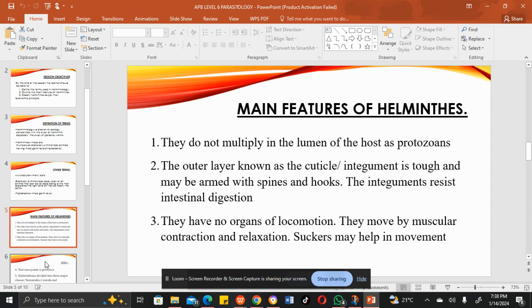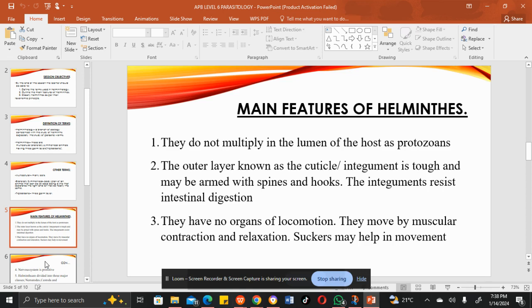They have no organs of locomotion, but they move by muscular contraction. Their muscles contract and relax, and that propels their movement in the GIT or in the body of a host or organism.